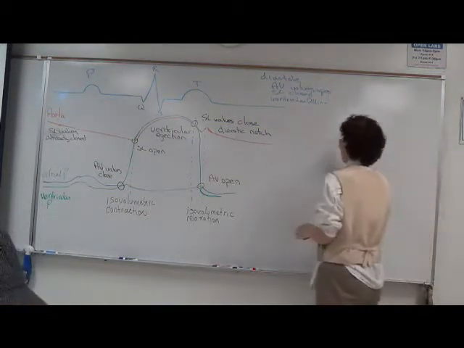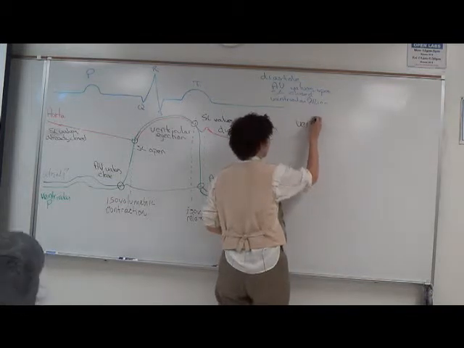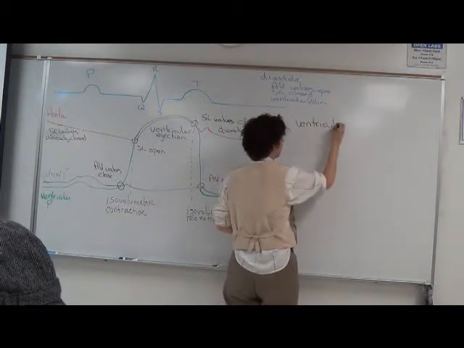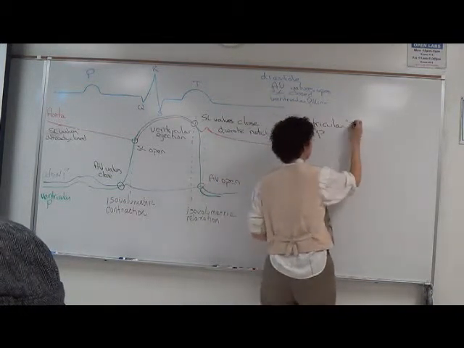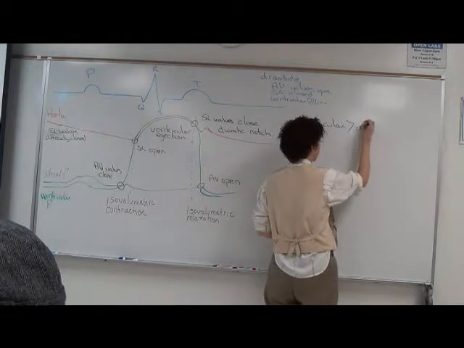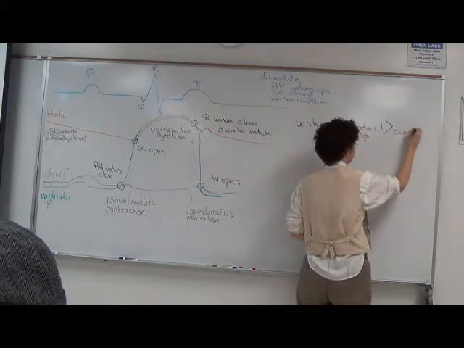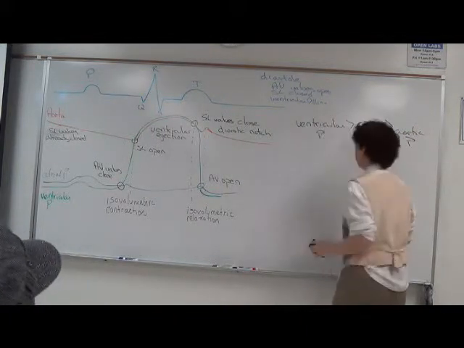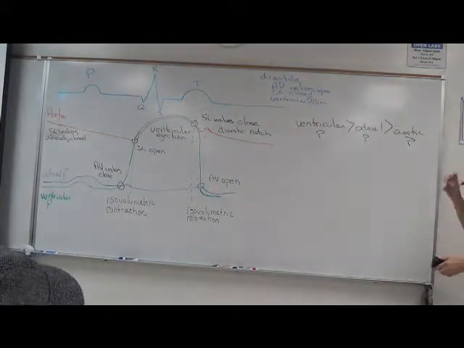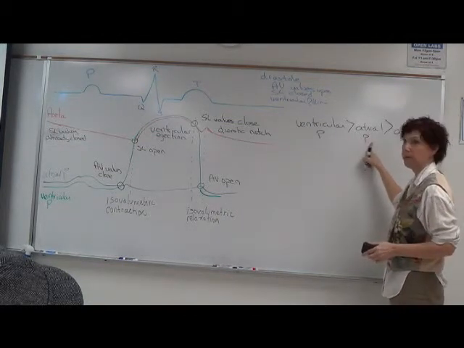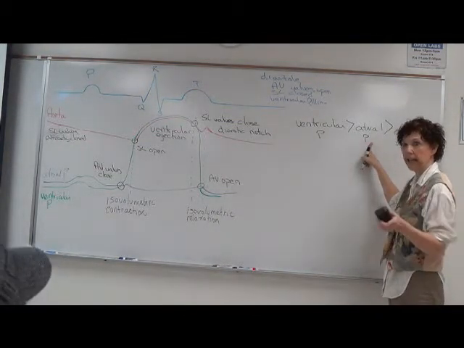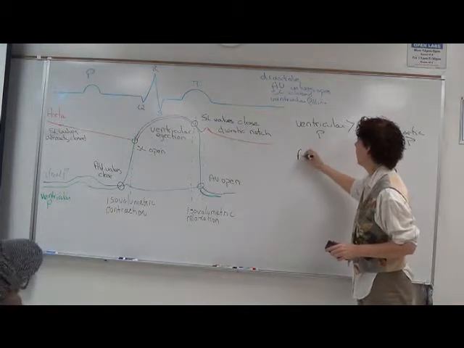So now let's look at ventricular pressure is greater than atrial pressure is greater than aortic pressure. So if ventricular pressure is greater than atrial pressure, we're looking at our AV valves.